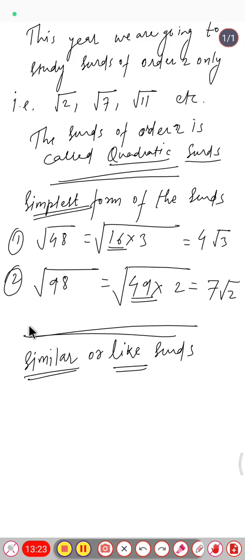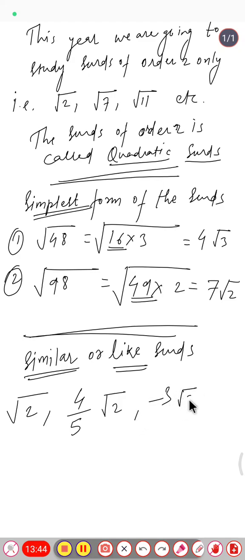As we can say, here is the square root of 2, then 4 upon 5 root 2, then minus 3 root 2 are some like surds.